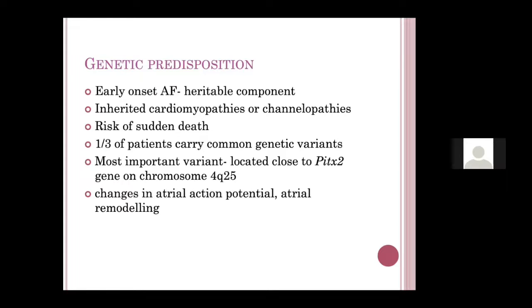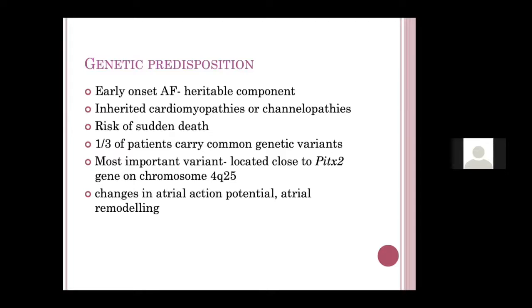Now, something important is that AF itself may have some genetic predisposition. If you see AF in a young patient, which we do not encounter commonly, say a 14-year-old or 20-year-old, always consider that there is a heritable, genetic component. There are many cardiomyopathies which have AF.